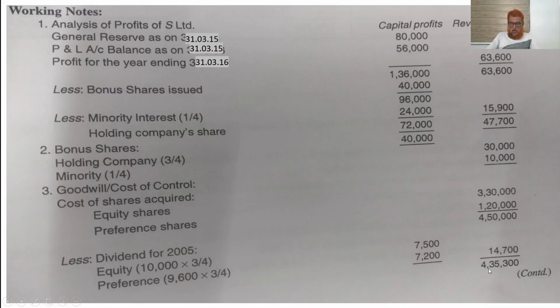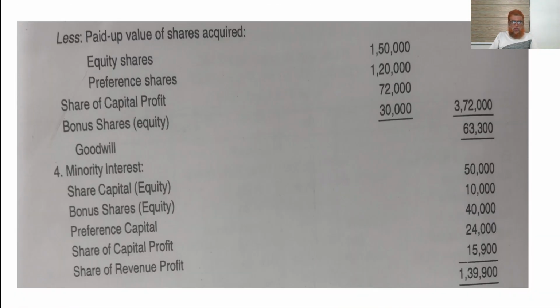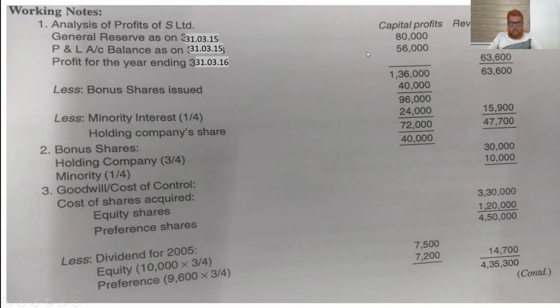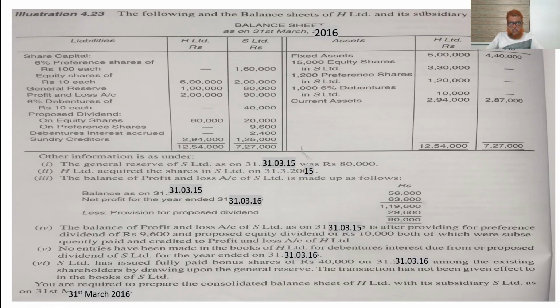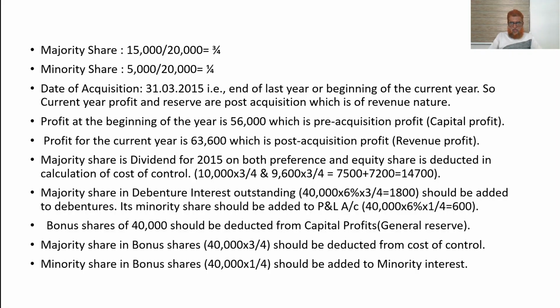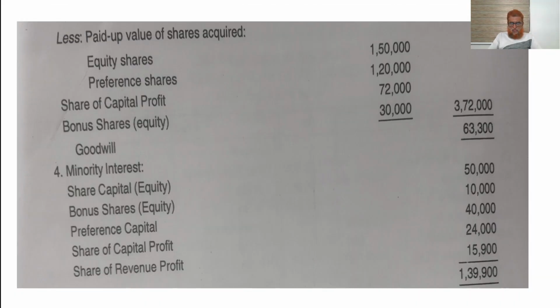From this 4,35,300, now we have to deduct the paid up value of the shares acquired. As I told already, this is given here. See, this one, 15,000 shares into 10, 1,200 shares into 100. So that comes 1,50,000, 1,20,000.